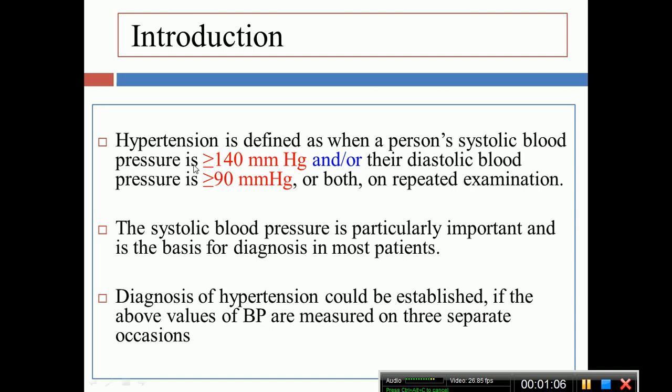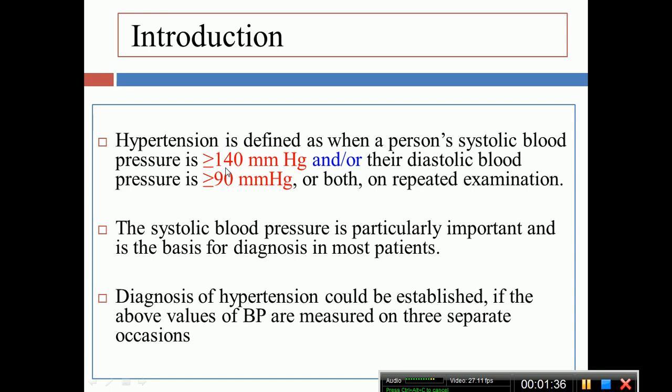A person can be hypertensive if only systolic blood pressure is equal to or greater than 140 millimeter of mercury, or isolated diastolic blood pressure is equal to or greater than 90 millimeter of mercury. Even then the person will be hypertensive, or both.